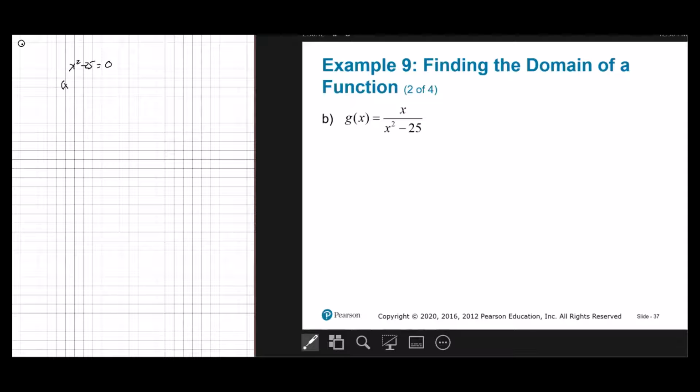It's a difference of two squares because x squared is x being squared and 25 is 5 being squared.